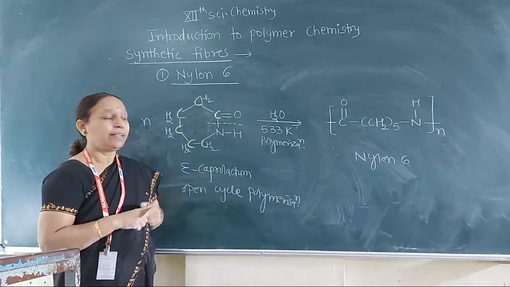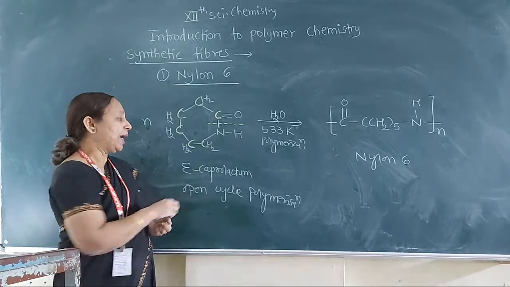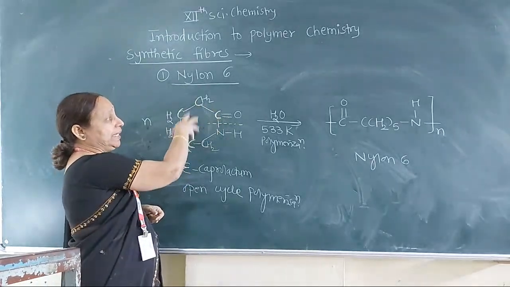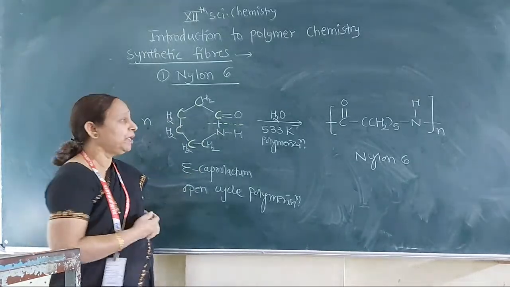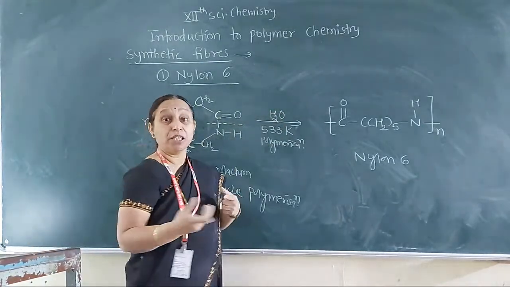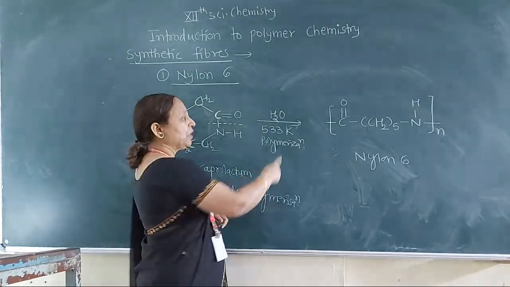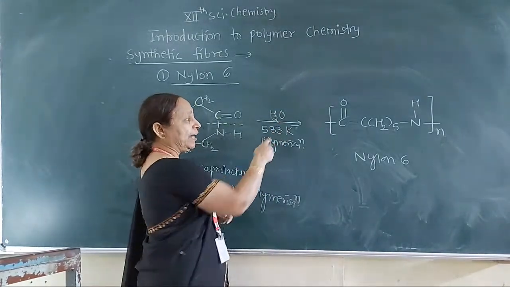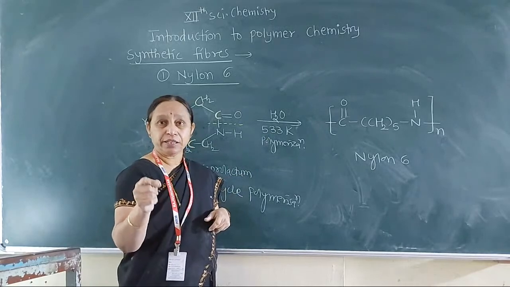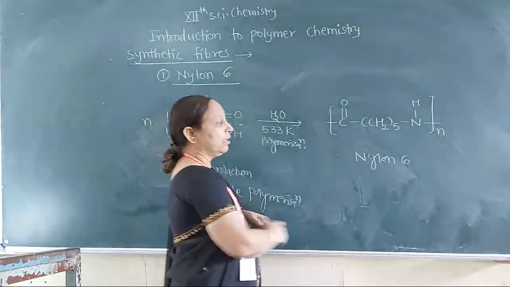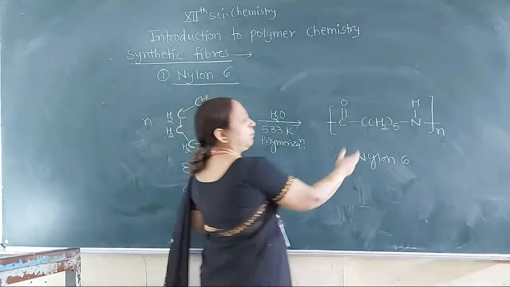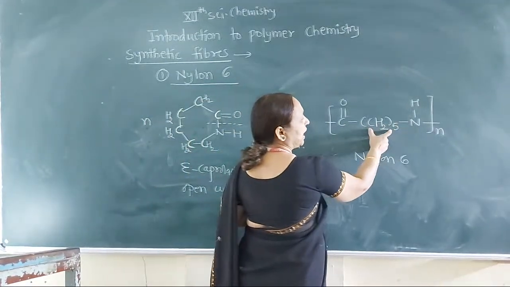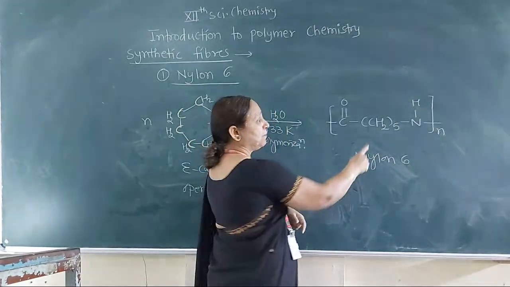You can write this preparation by knowing the details about the structure of epsilon caprolactam. You have to remember the conditions of this reaction. Reaction with water at nearly 533 Kelvin, and write the correct structure of nylon 6. In between carbon and nitrogen there are 5 methylene groups.